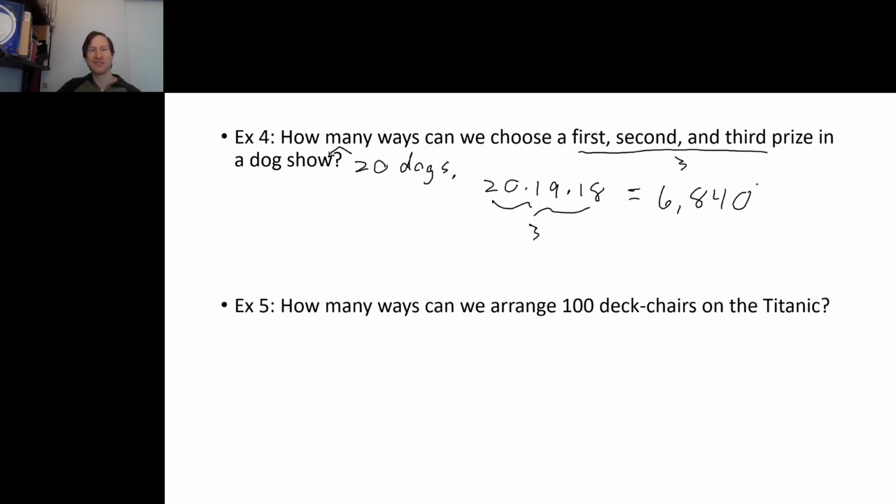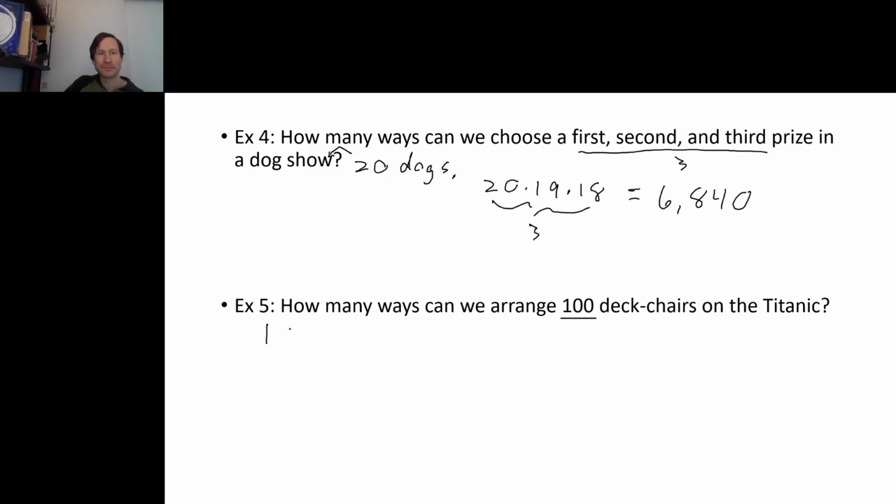For another example, let's look at how many ways we can arrange 100 deck chairs on the Titanic. So there are 100 things to choose from, but implicit in the way that this is stated is that we're actually going to choose all 100 and just arrange them in some order.